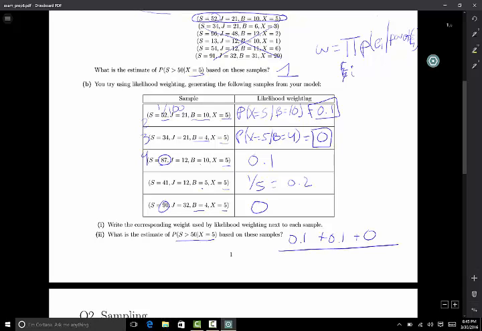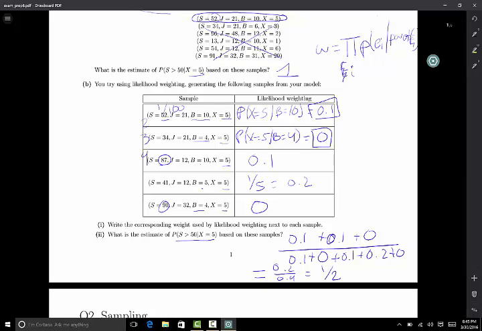And on the bottom we have just all the weights, so 0.1 plus 0 plus 0.1 plus 0.2 plus 0. And this equals 0.2 over 0.4, which equals 1/2. So according to our likelihood weighting sampling, we get a probability of 1/2 for our query.